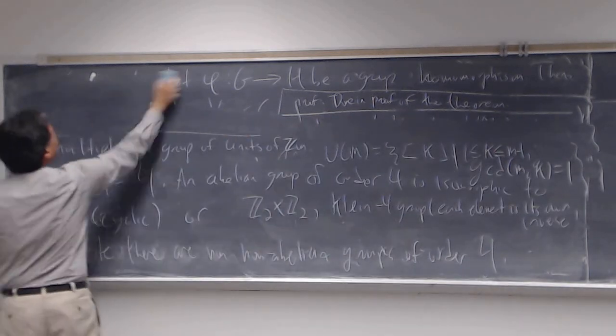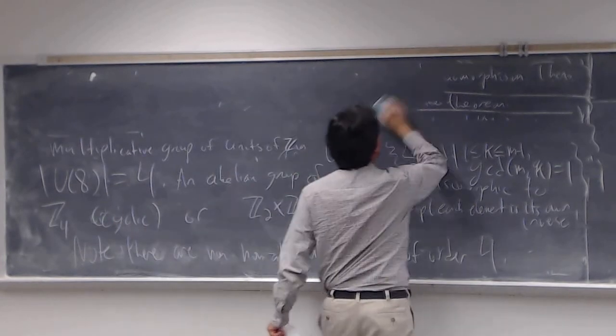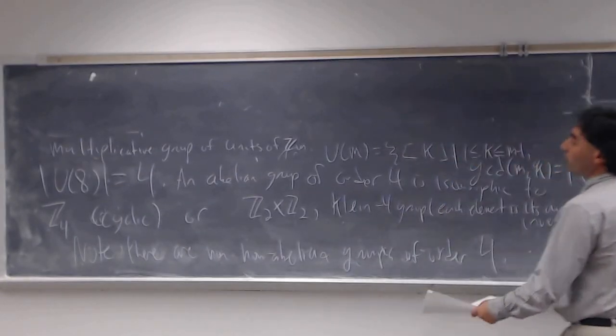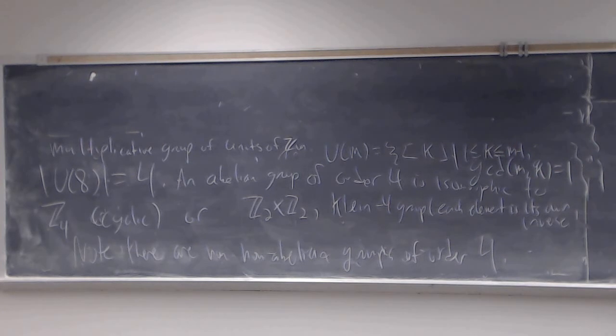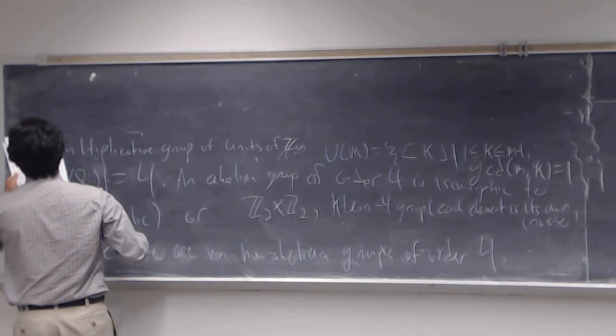Well, by a theorem, Z4 is cyclic. It's got an element of order 4. So if U_m is cyclic, it's got to be Z4. Otherwise, if it's not cyclic, it can't be isomorphic to Z4, since that would need an element of order 4, so it would also have to be cyclic. But let's see if it is or isn't. So let's check it out.